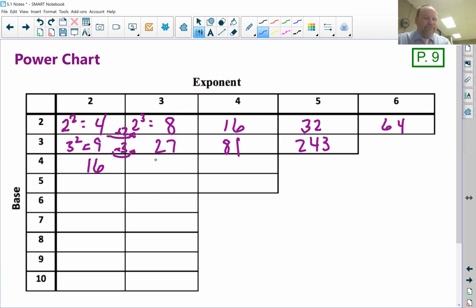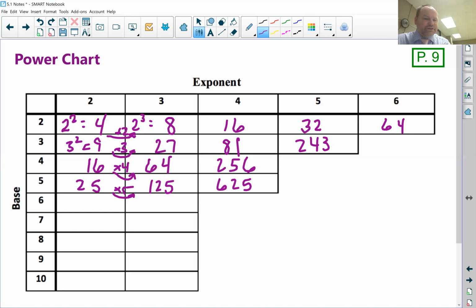Multiply by 4 to get 4 to the third, which is 64. Multiply by 4 to get 4 to the fourth power, which is 256. And this is just multiply by 4. 5 squared is 25. Multiplying by 5, I get 125 for 5 to the third, and 5 to the fourth is 625.